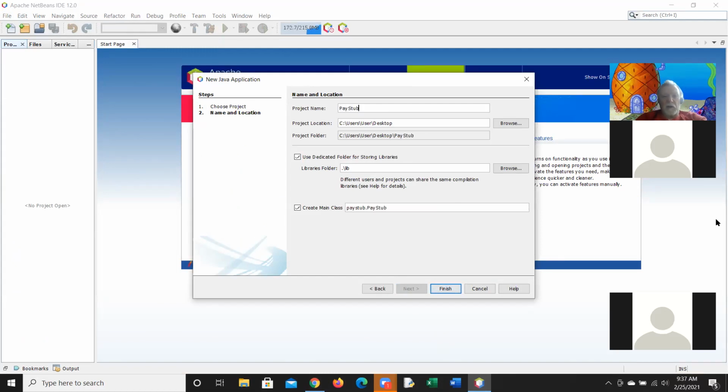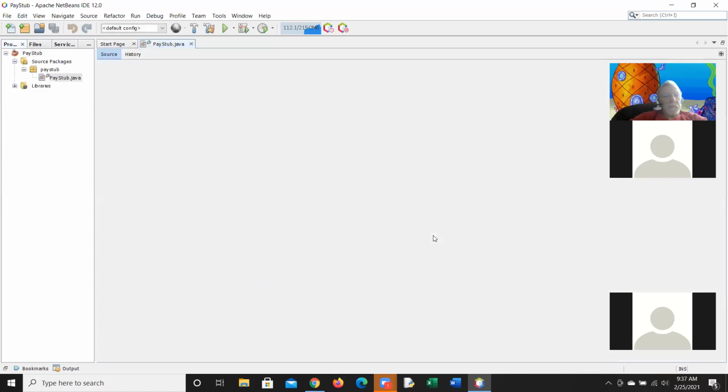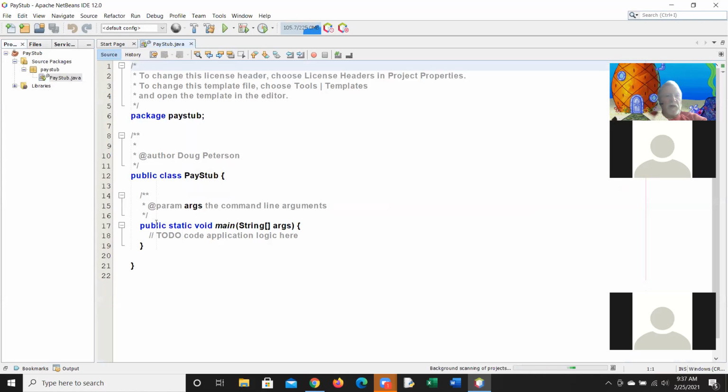That'll be a good one. I haven't used that this week anyway. Okay. So we create a program called Pay Stub. Over here again, you see your package with your files in it.